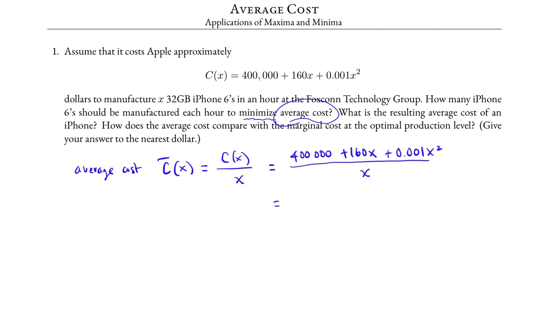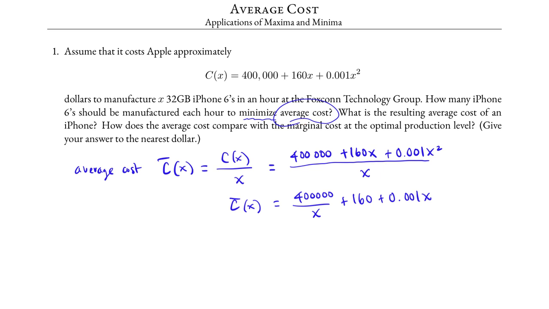We simplify this as 400,000 over x plus 160 plus 0.001x, where x is the common denominator, so we take every single term in the numerator and divide it by x. 400,000 divided by x, 160x divided by x gives us 160, and 0.001x squared divided by x gives us 0.001x. We now have the objective function, the average cost.